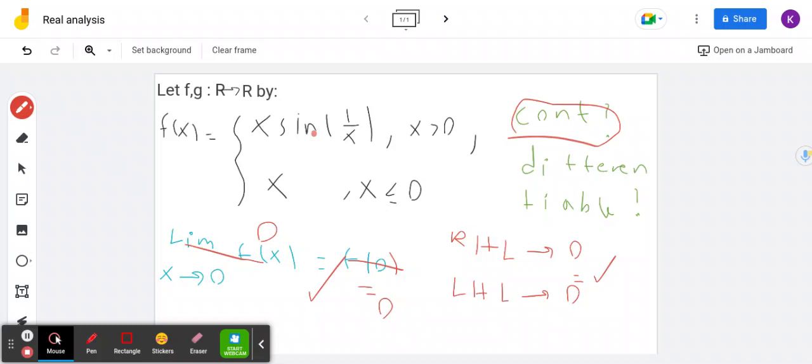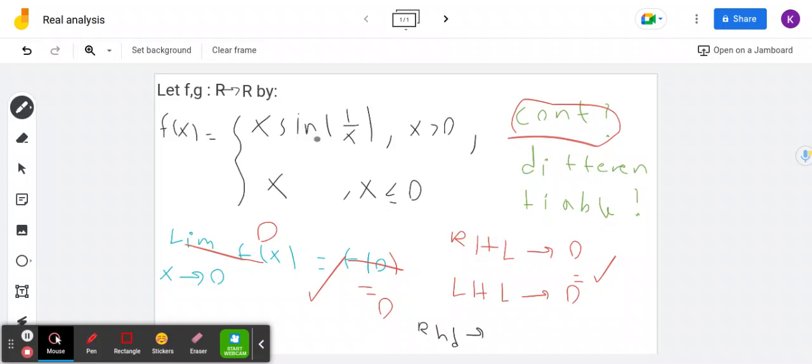Now, to show differentiability, I'm going to write really small here. It's very similar to limits. We have a left-hand derivative and a right-hand derivative.